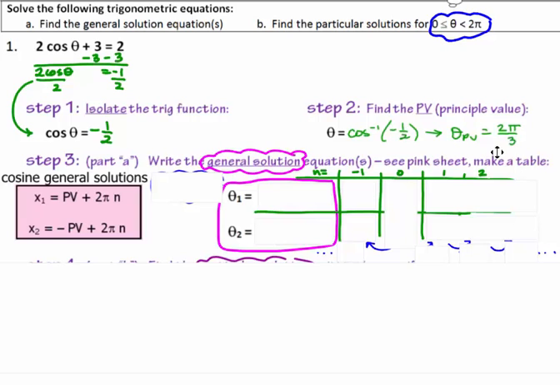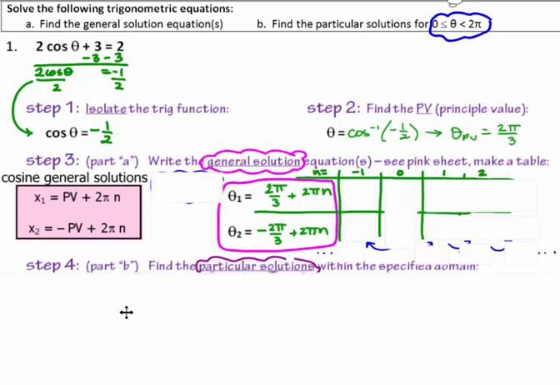So our first equation is just going to be principal value, 2 pi over 3, plus 2 pi n. Okay, got it. Now our second equation, negative principal value, so negative 2 pi over 3. Again, plus 2 pi n. All right, so those are our general solutions. We're done with step 3.